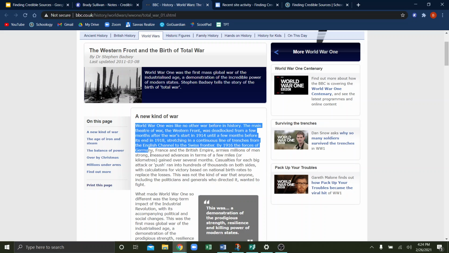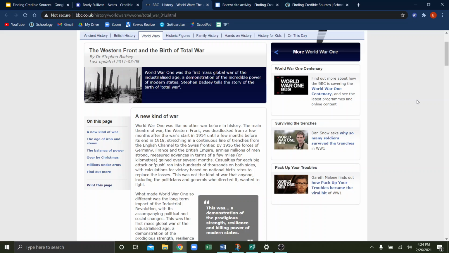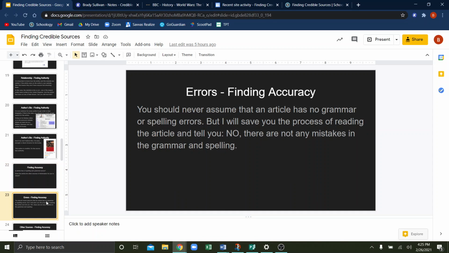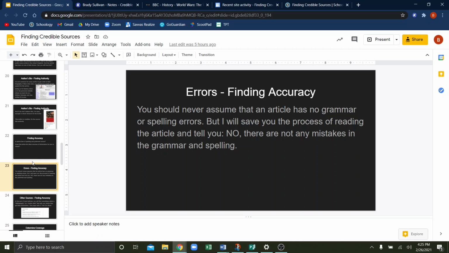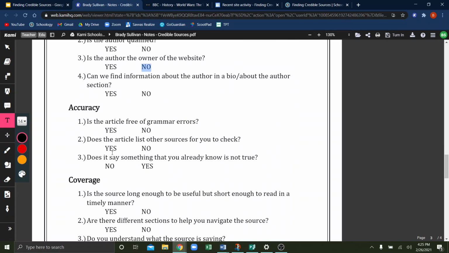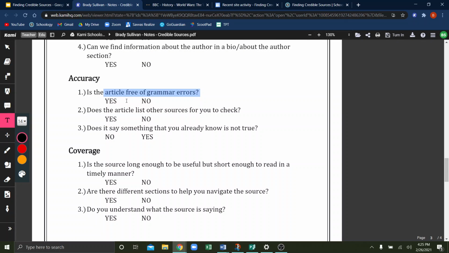If they use an informal tone, if they start saying curse words, if they start using slang of any kind, if it starts off by saying World War I was trippin', yo, you're done. So take it from me, there are no errors in this article, so we can say accuracy is free of grammar errors.